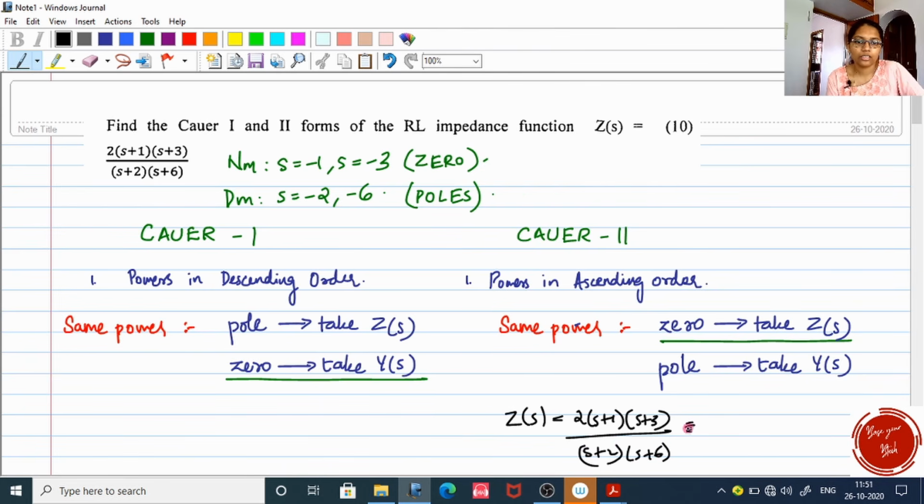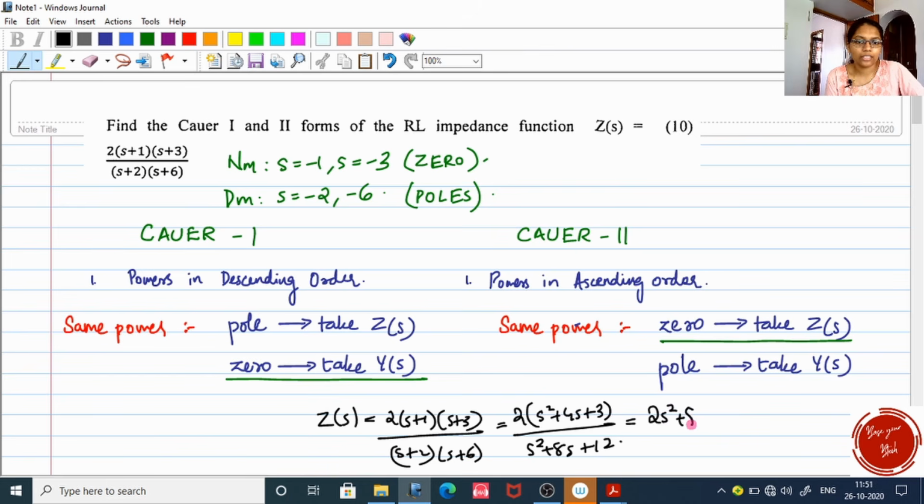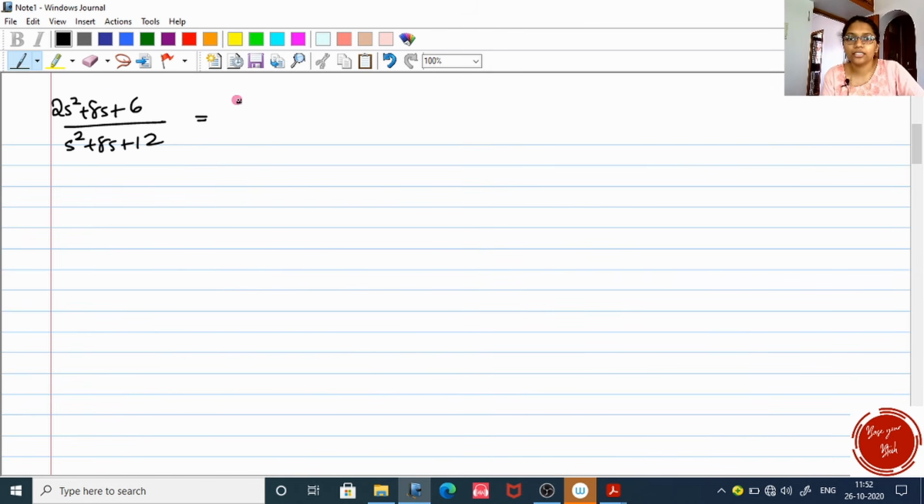Expanding, you get 2 into s square plus 4s plus 3 divided by s square plus 8s plus 12. Expand it completely. It is 2s square plus 8s plus 6 divided by s square plus 8s plus 12. Continue the division, but before that arrange it in ascending order. So this is our z of s: 6 plus 8s plus 2s square divided by 12 plus 8s plus s square.